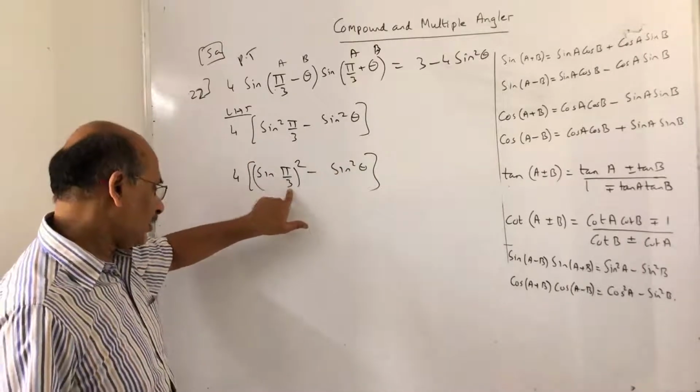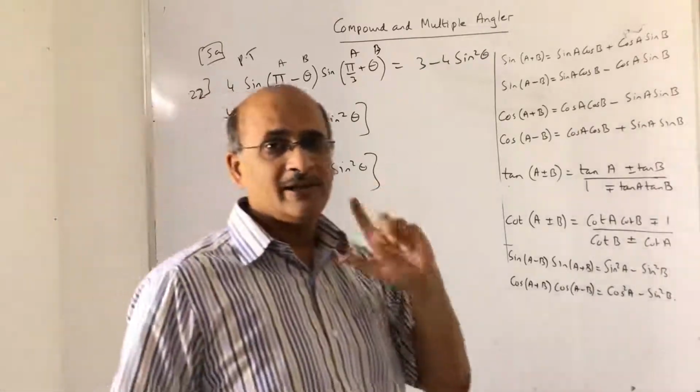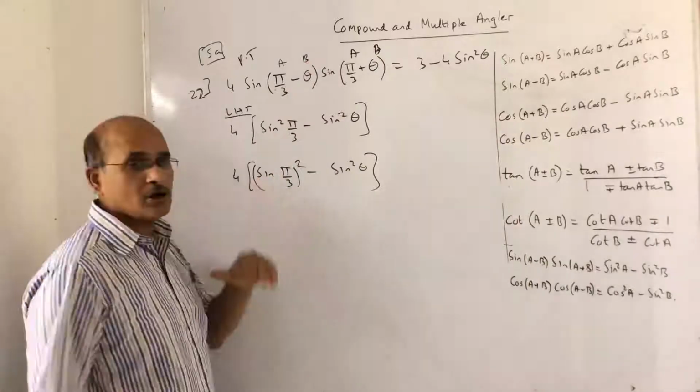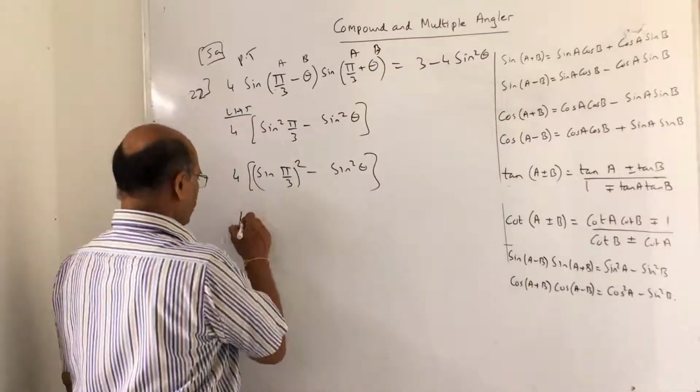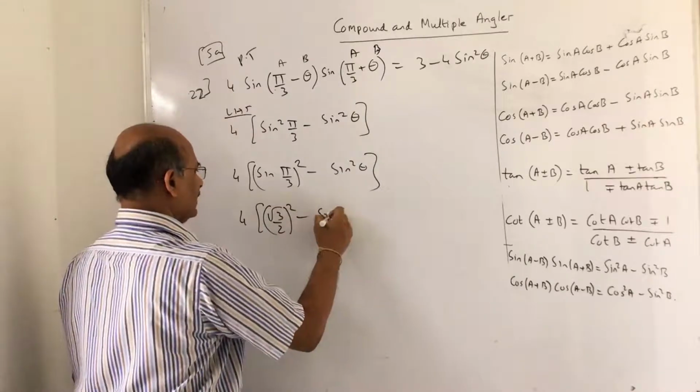Now sine, what is this pi? Pi is 180, 180 upon 3. So pi by 3 in radians is what? 60 degrees. So sine 60 is what? Root 3 by 2. So it is 4 into root 3 upon 2 whole square minus sine square theta.